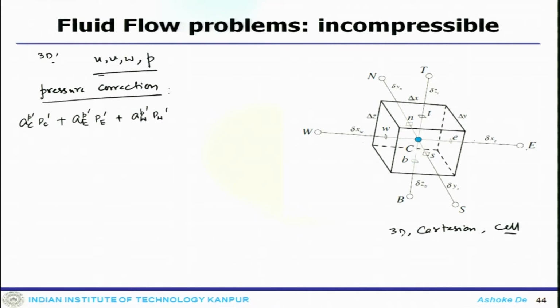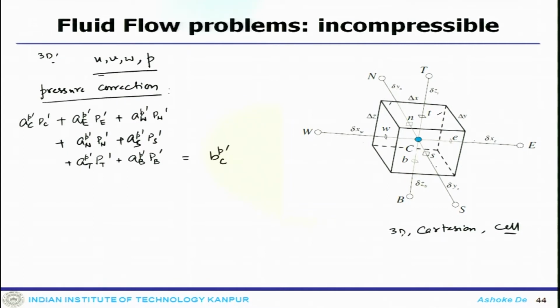So, that is along the x direction, with coefficients east, west and C. Now, for north you get aN P prime Pn prime plus aS P prime Ps prime. So, that will take care of the north face and south face, and then you get two more components, aT P prime Pt prime plus aB P prime Pb prime, which is nothing but bC P prime. So, the top and the bottom face.